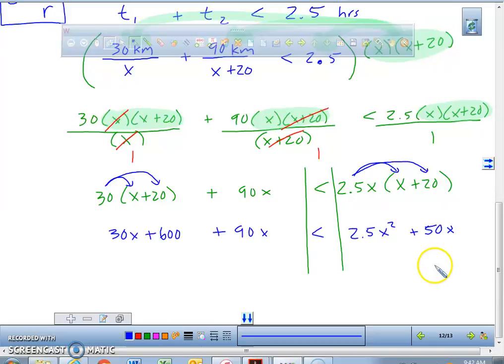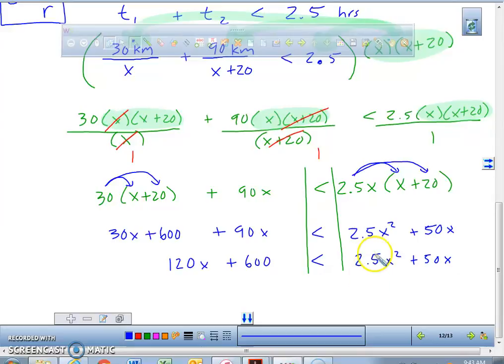Automatically when we do this, everybody, you should notice that we're dealing with a quadratic equation, which means we need to get all of the quadratics on equal to 0, or greater than or less than 0, depending on if it's inequality. So right here, what can we combine over here on this side? We can combine the 30x and the 90x, and that gives us 120x plus 600 is less than 2.5x squared plus 50x.